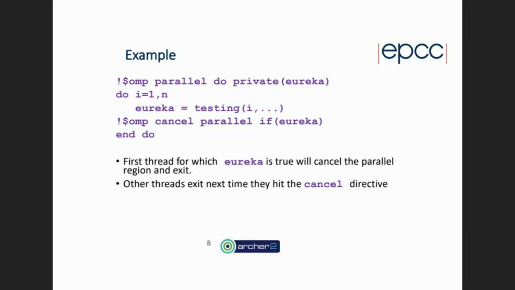You might want to do the break somewhere three levels deeper in function calls, and this allows you to do that without modifying the whole call tree, propagating the break back up and checking at every level. So it allows you to do a break inside a parallel loop.